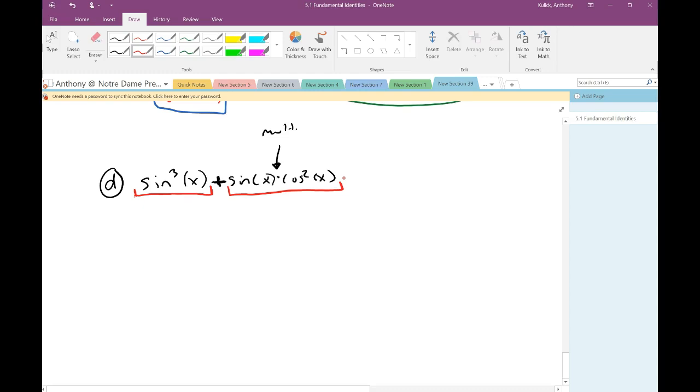What is in common to each term? A sine x. So what I'm going to do is factor off a sine x. And I'm hoping then what's left is something I can use an identity with. When I factor the sine off from the first term, what do I have left?